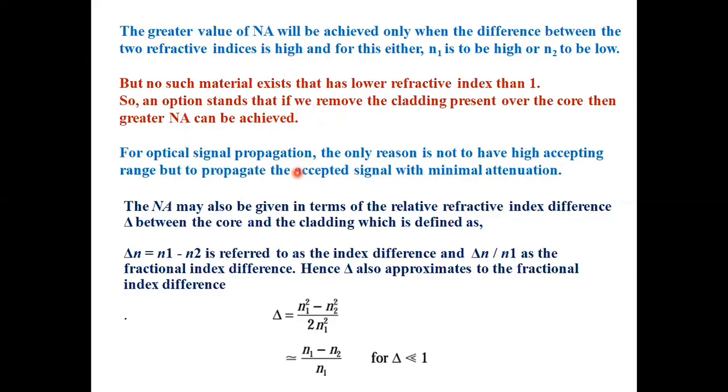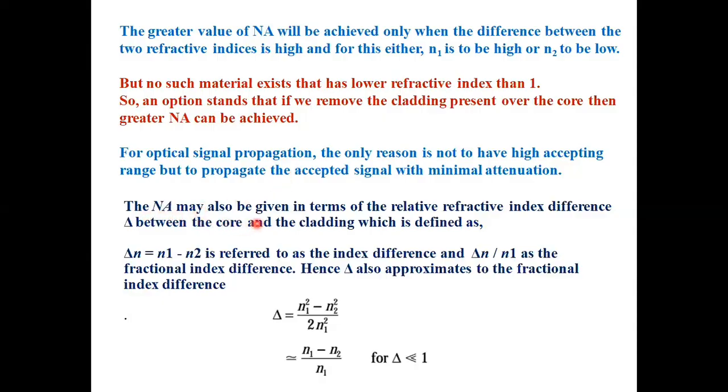That is an important part we have to take care of. So we should have a small difference between the core and cladding refractive index, not a cladding that becomes an air medium. We need sufficient acceptance angle and numerical aperture with very minimal signal attenuation, or signal loss. These are the properties of numerical aperture.